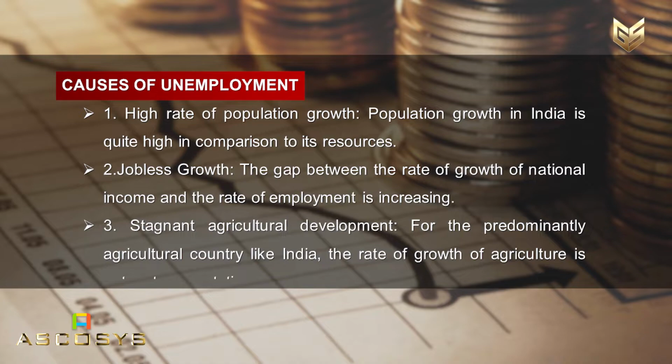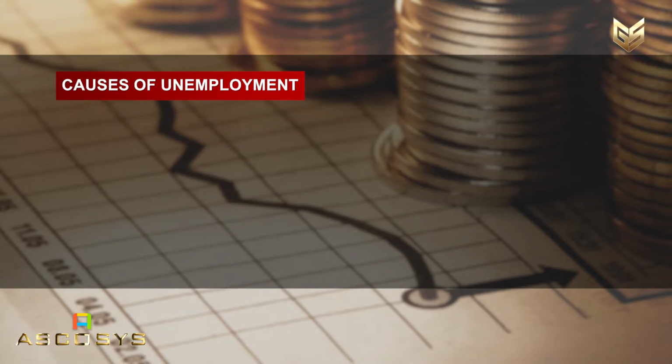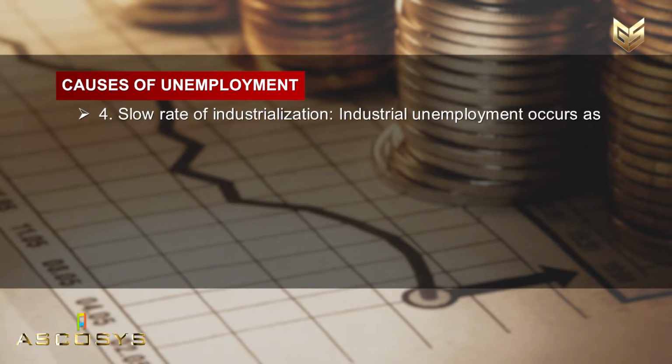For a predominantly agricultural country like India, where agriculture is the primary sector for accumulating the national income, the rate of growth of agriculture is not up to the expectations. The next cause of unemployment is slow rate of industrialization.